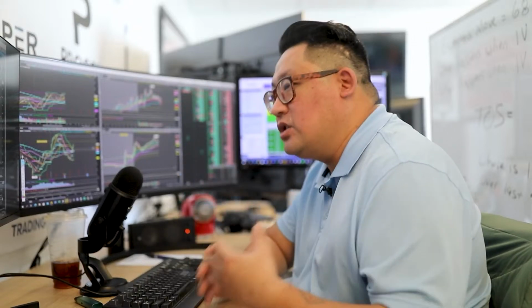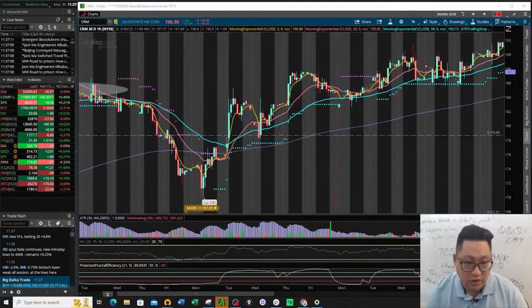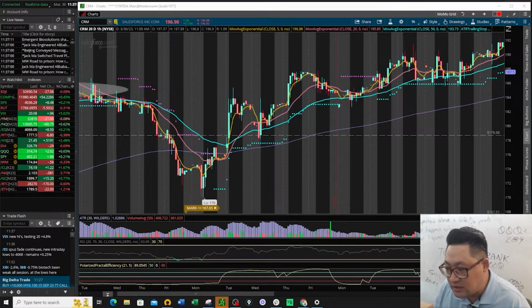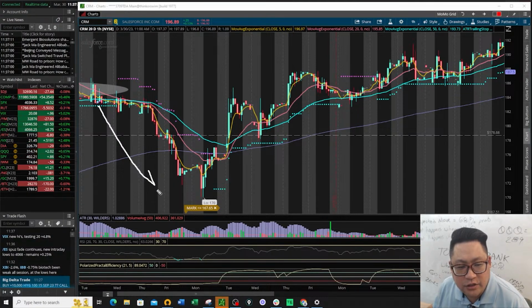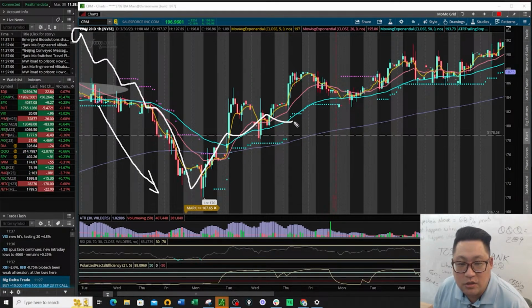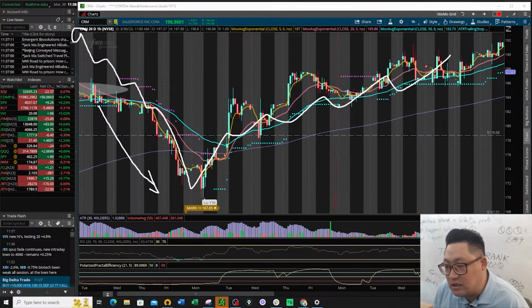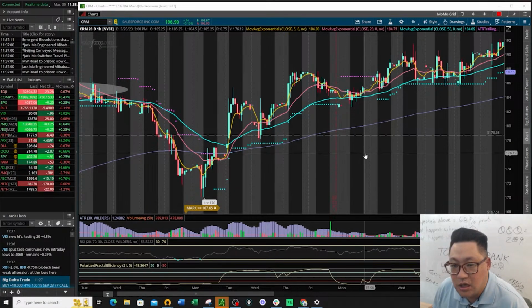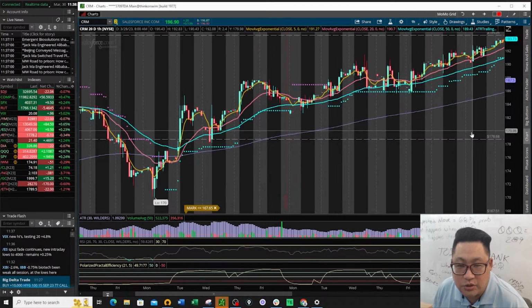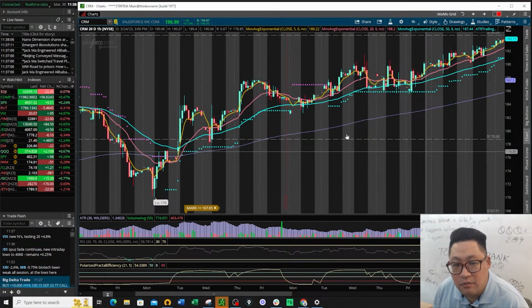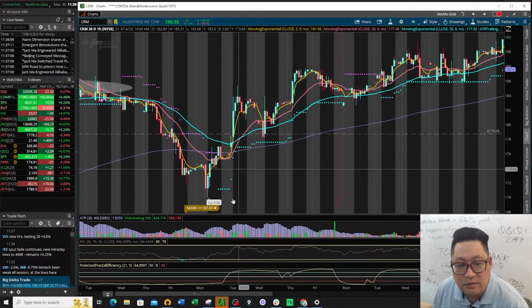When we see this breakdown and we see these crossovers, these are good indications that we're going to see follow through. Especially what's really important in this situation is that we see this cross up after an extended downtrend run. If we look at the totality, remember CRM was up here and it slowly started working its way down. And now it's been working its way up. This is an important aspect to understand, because if we're getting crossovers on a bullish run, it's still good, but nothing is as significant as something like this.